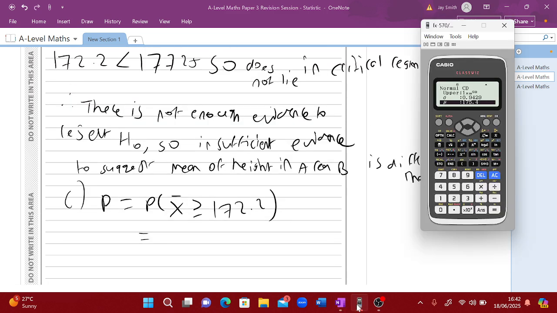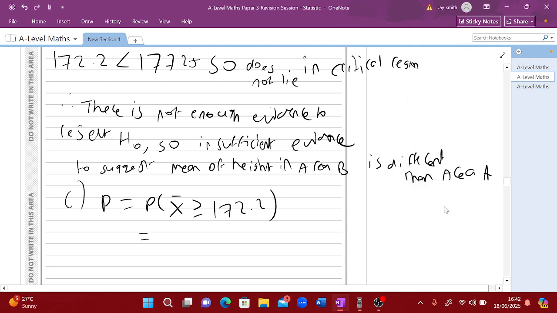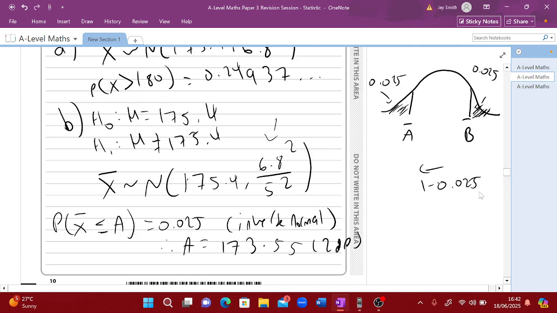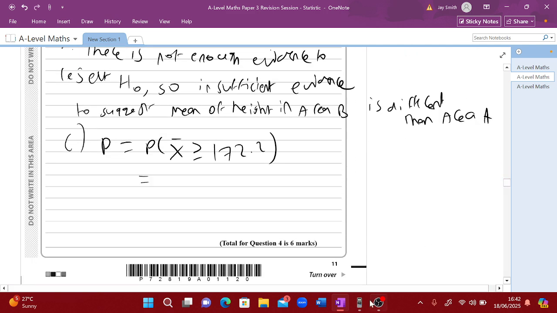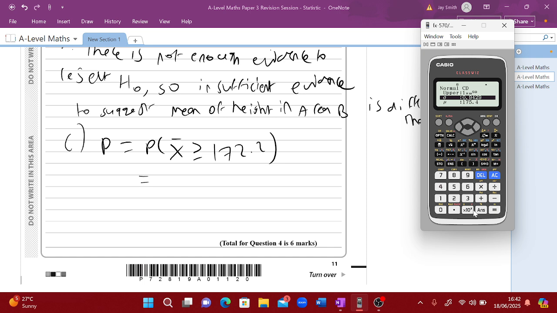Obviously, you might think, well, why didn't I adjust for the fact that it's greater than, like I did in part B, where I made it one less than. But that shouldn't need it because we've already got lower and upper limit, so that shouldn't matter. 172.2.